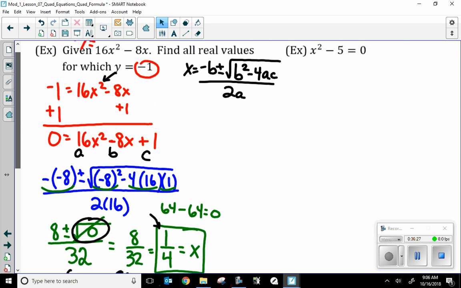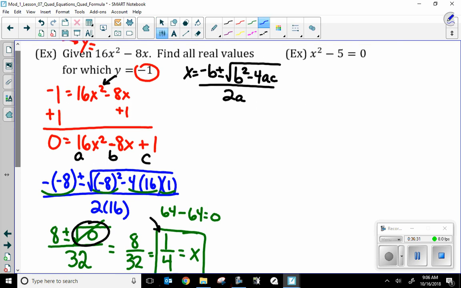All right. The next one. My a is 1. My b, I have no term with an x. Right here, I have negative 8x. I have no term that just has an x. So my b is 0. And my c is negative 5.